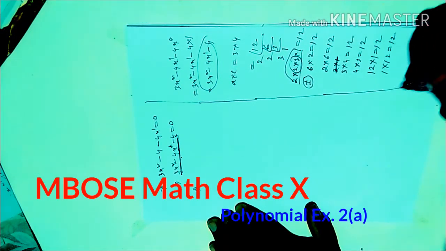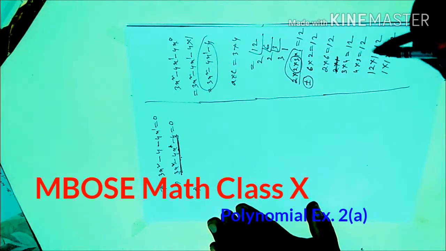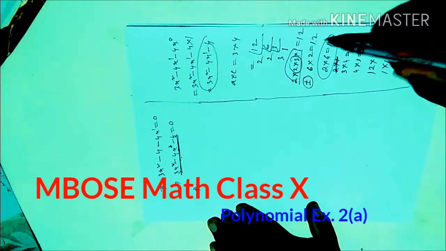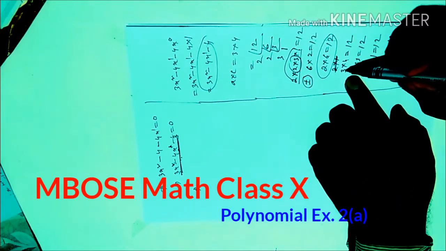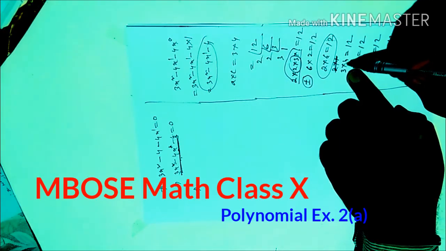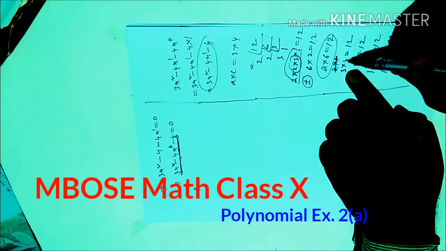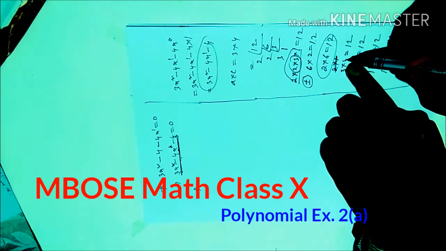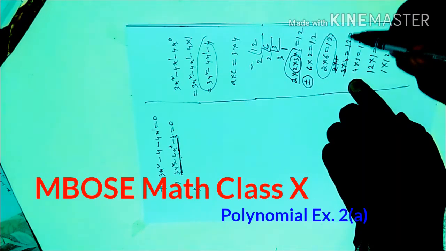Now you can ask me why we are not taking the rest of the numbers except this one. I mean, why are you not taking this one? So this number we cannot take because we have to subtract the smaller number from the bigger number. So that's why we can't take this one.